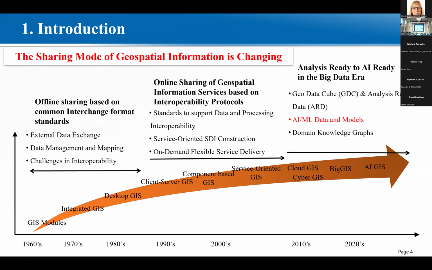Later we used online sharing of geospatial information services based on interoperability protocols. And in the future, we will have analysis-ready data and analysis-ready assets. We need to develop them from the general aspects to AI-specific data and services. That means we need to have AI data, AI models, and AI systems ready for use.